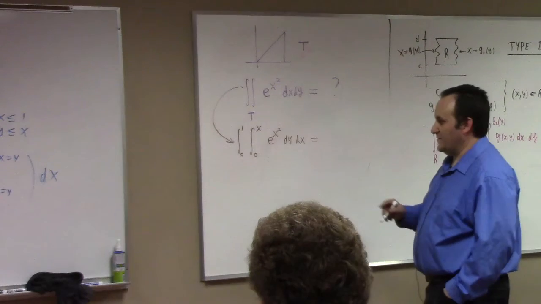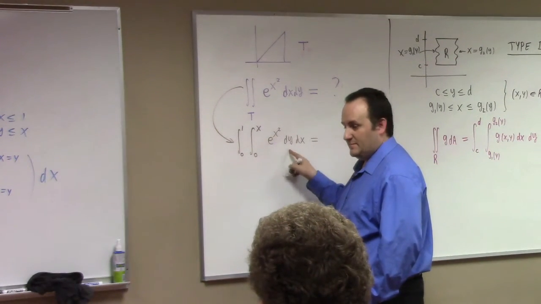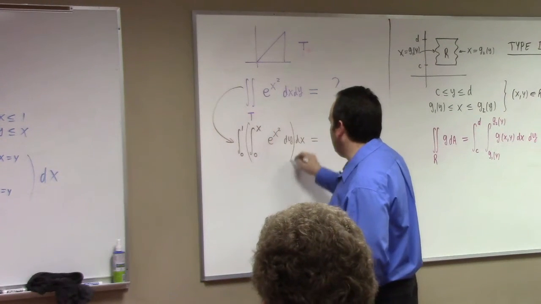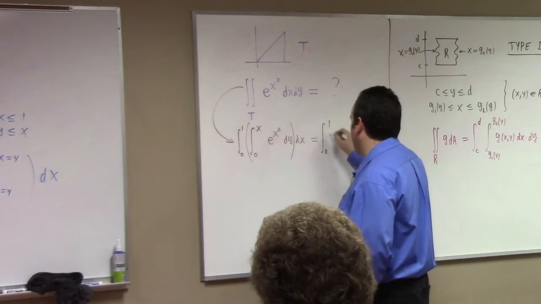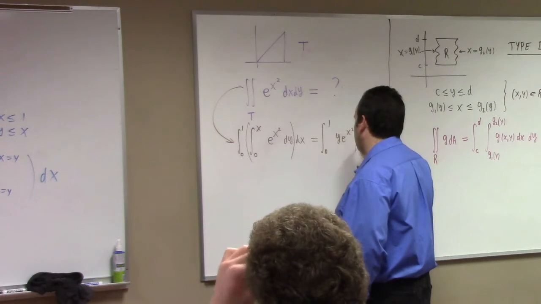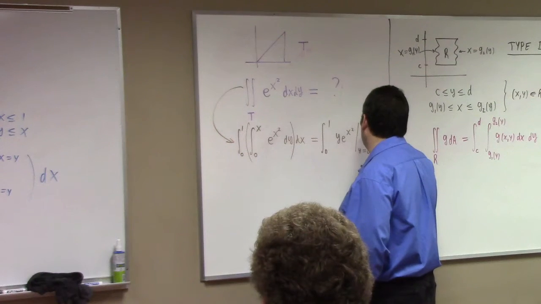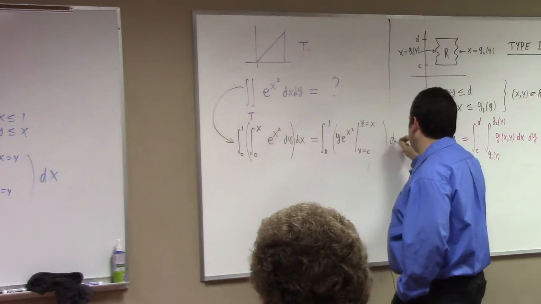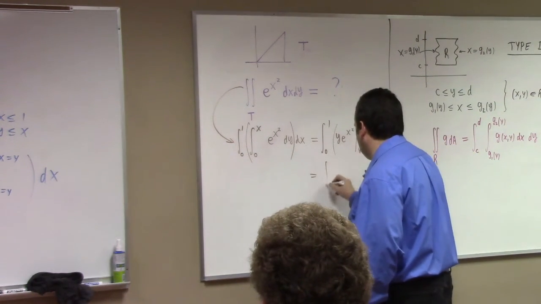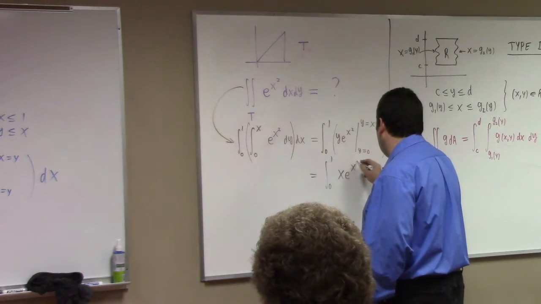Why is this great? Because the first integration is not with respect to x. So, yay, we can do that. So we got ourselves a y e to the x squared evaluated from y equals 0 to y equals x, which gives us the integral from 0 to 1 of x e to the x squared dx.